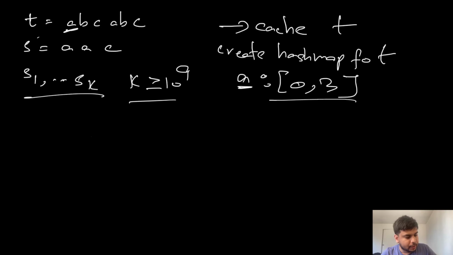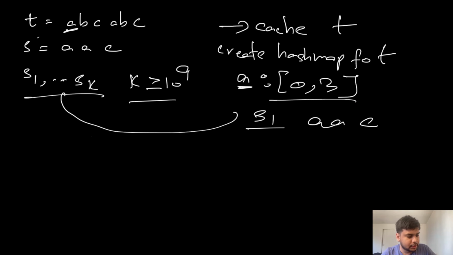After creating the hash map, we take each individual string. Let's take s1, for example, and traverse each character in s1. Let's say s1 is AAC. For each character we check if it is present in the hash map.